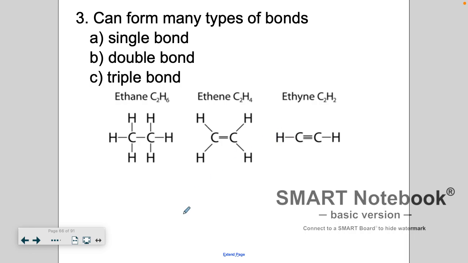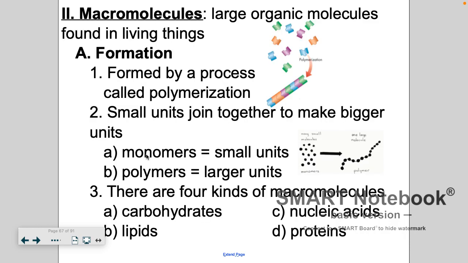So because carbon can form 4 bonds, can form fundamental structures like straight chain, branches, rings, and single, double, triple, carbon is basically found in all life. So let's talk about the 4 big molecules for life, macromolecules.